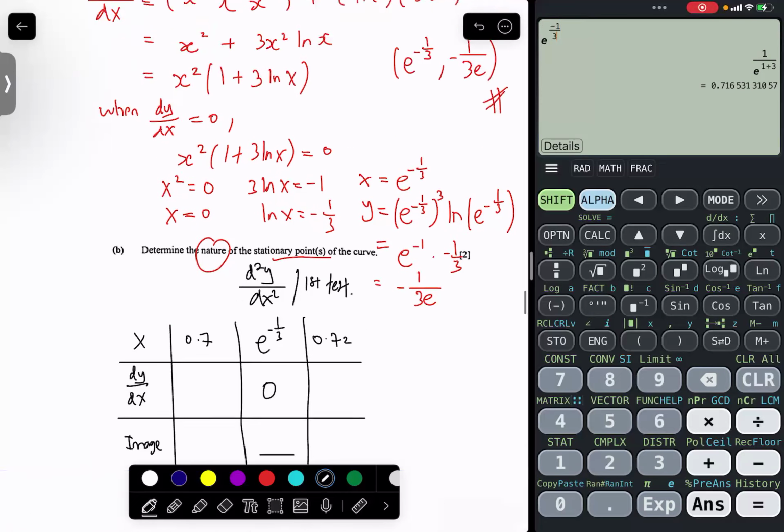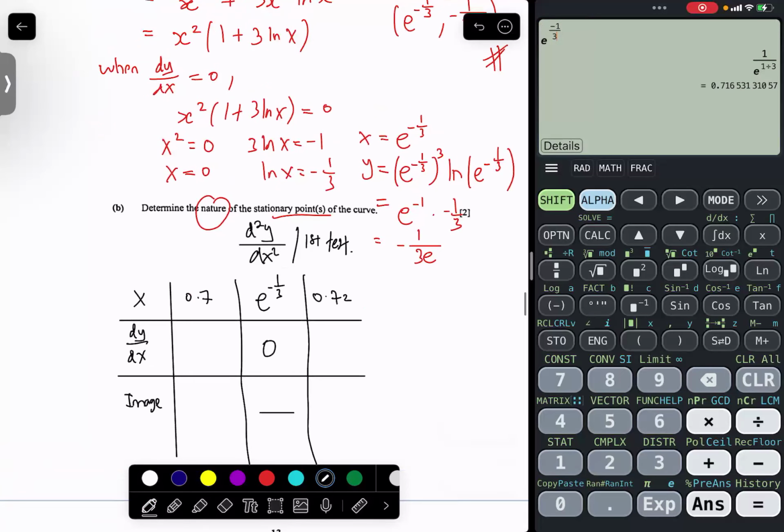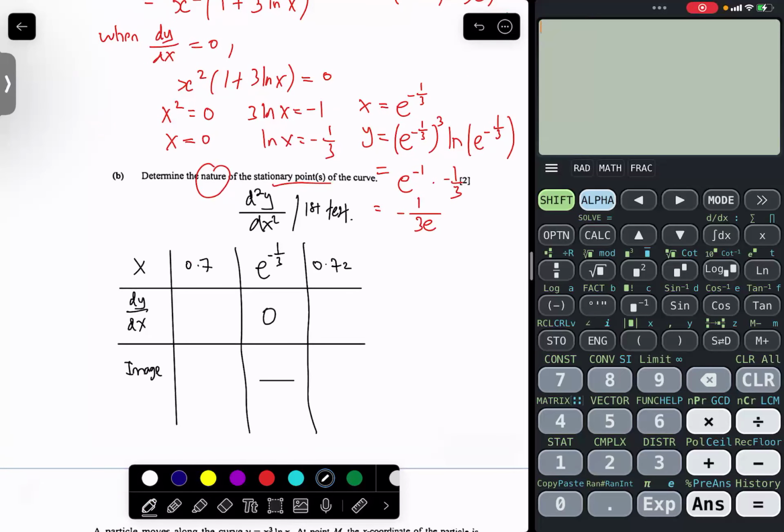Substituting into dy/dx, that will be 0.7 squared times (1 plus 3 ln 0.7), which gets me negative 0.034.